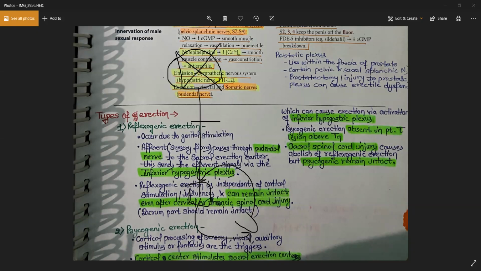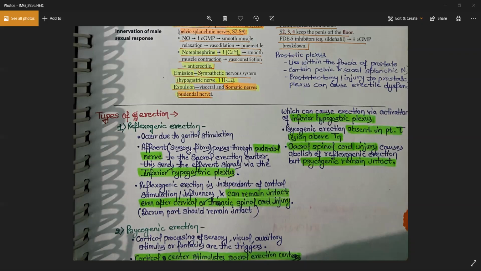So please note that this reflexogenic erection is independent of the cortical stimulations or these influences. Whenever you have any damage in the thoracic or cervical portion of the spinal cord, you can still have the reflexogenic erection, but you will lose the psychogenic erection. Is that okay?